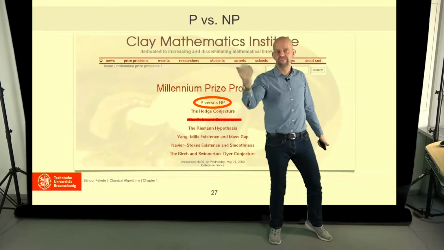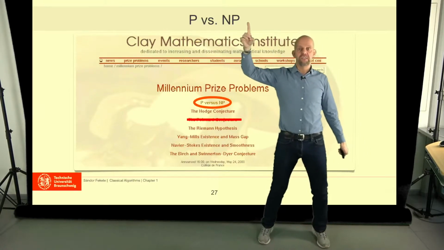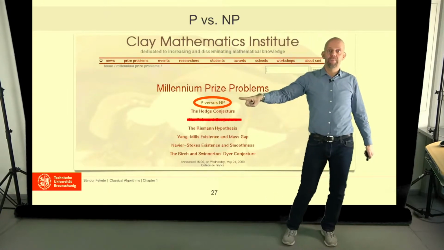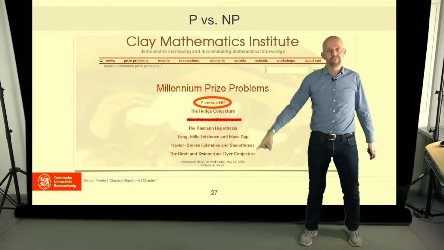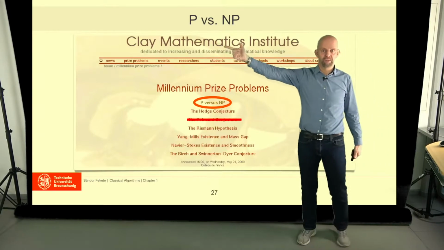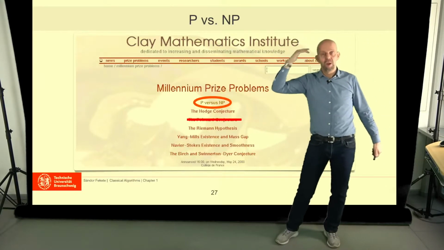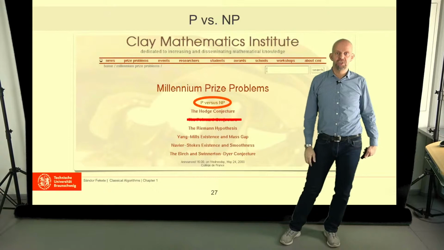Whether this is the same, that is problem number 1 on the list of long-standing open problems, the Millennium Problems, which mathematicians release once every 100 years.